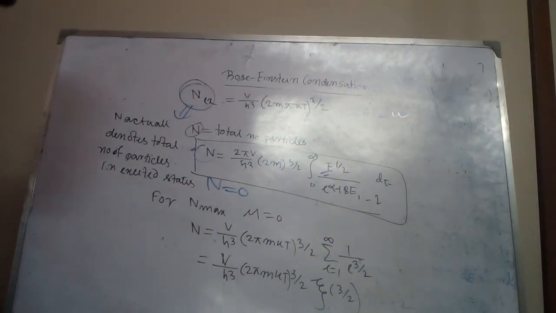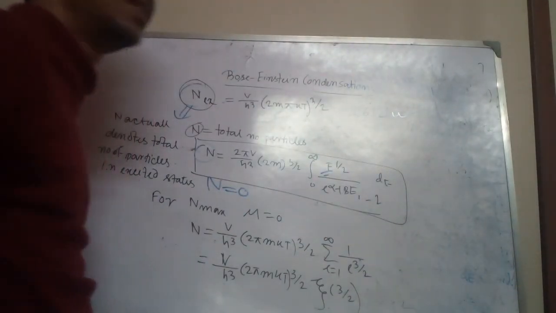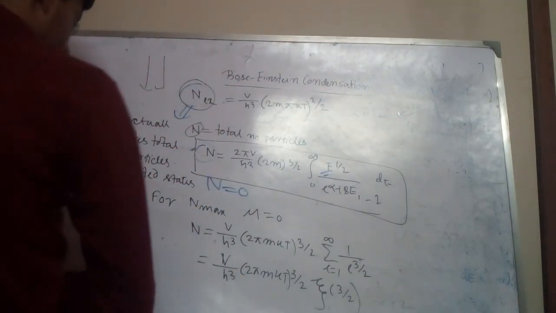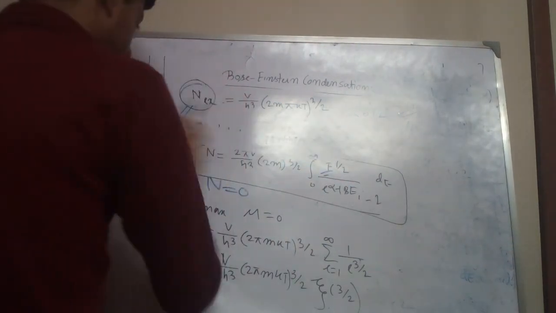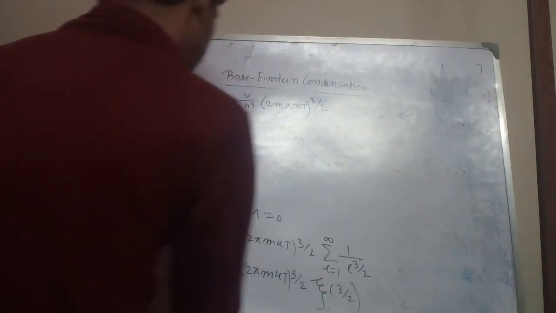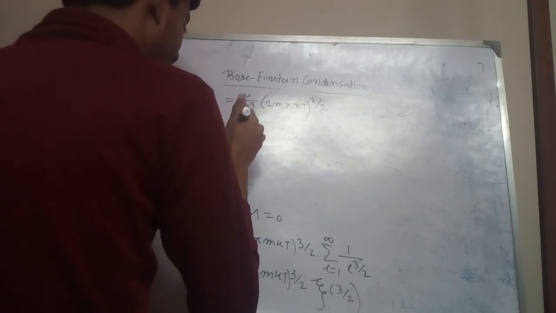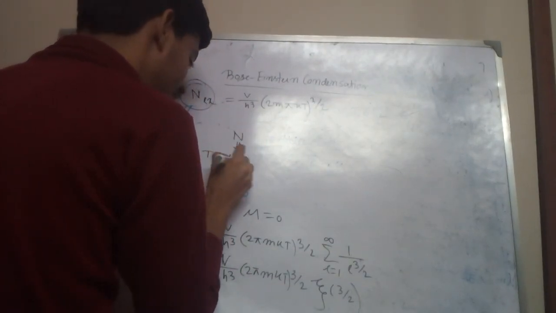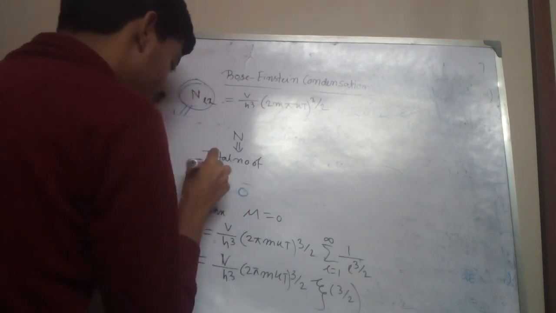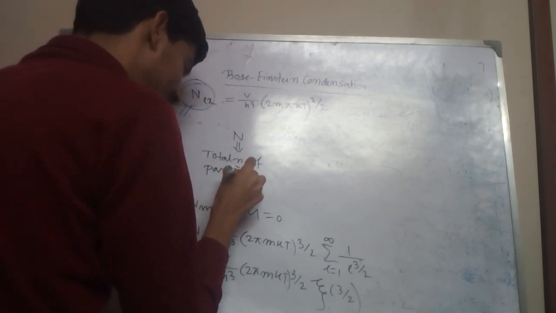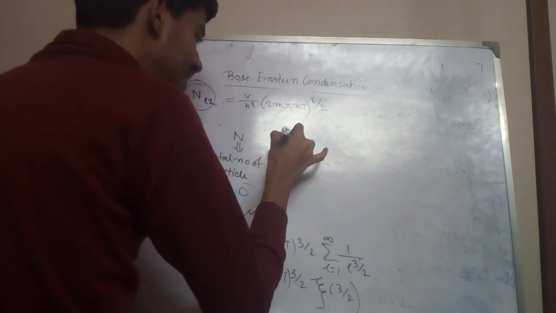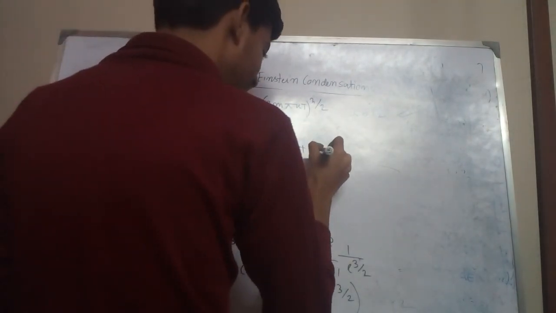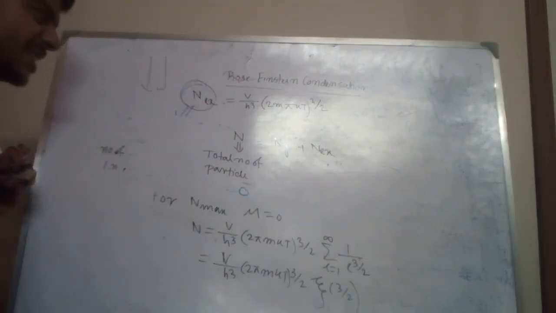If this limit is crossed, then the particles... we also notice one thing: capital N is the total number of particles, Ng is the number of particles in the ground state, and there is the number of particles in the excited state.